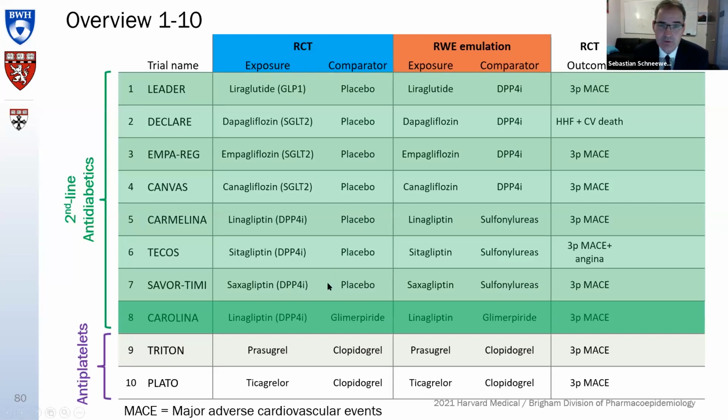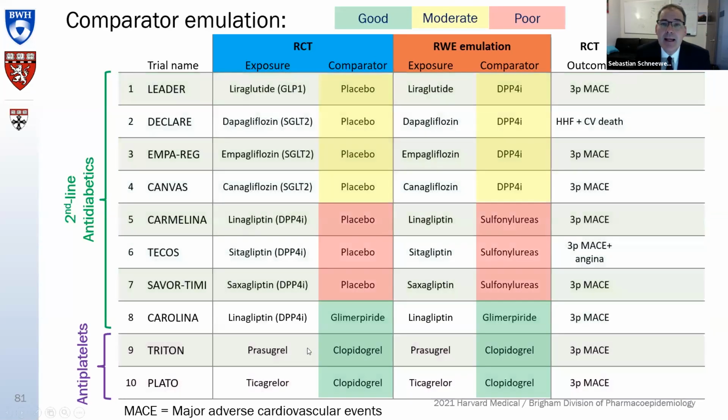All the other studies that I'm showing you today are replications, except for Carolina. We have 2 antiplatelet trials, Triton and Plato. I want to then point out our assessment of the comparator emulation among those 10. We see that the first 7 trials had placebo comparators: Leader, Declare, Empa-Reg, Canvas, Carmelina, Ticos, and Savor-Timi.